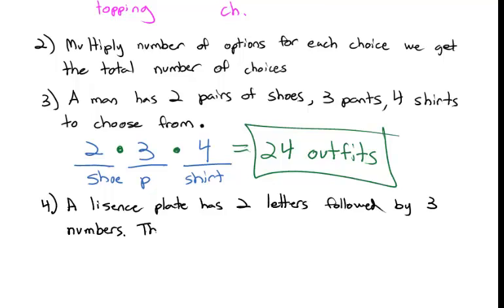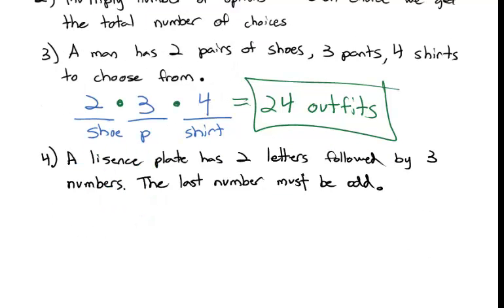And they have a rule that the last number must be odd. How many different license plates could we create that satisfy these requirements?